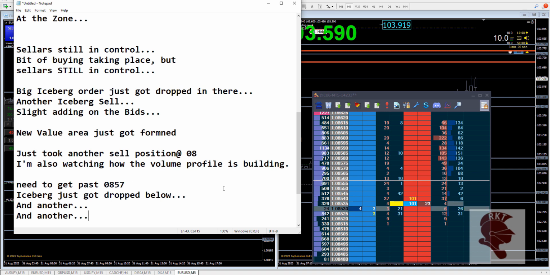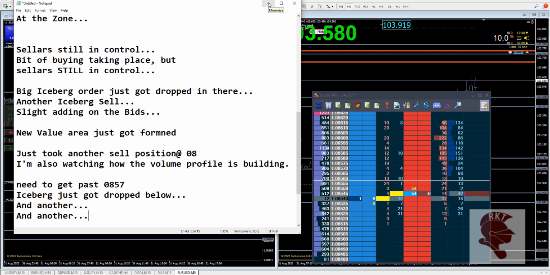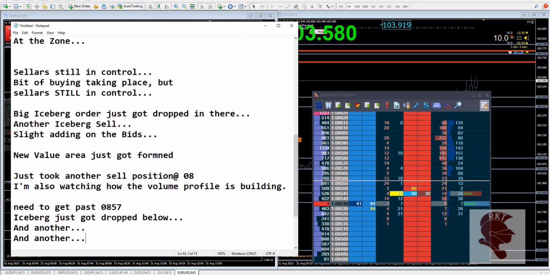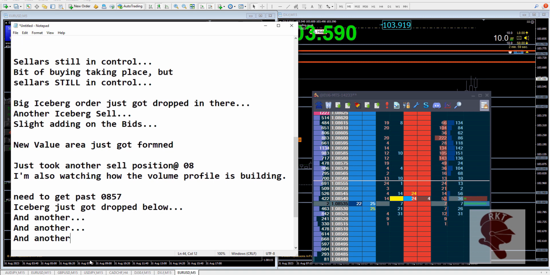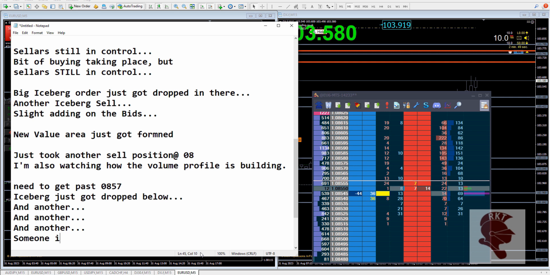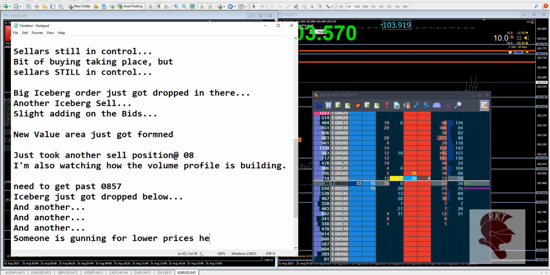You can just see it at the bottom of the profile on the left, which is a bit of an indication to me that we're going to try and still gun towards the bottom of the volume profile. Orders are a bit thin at the moment.